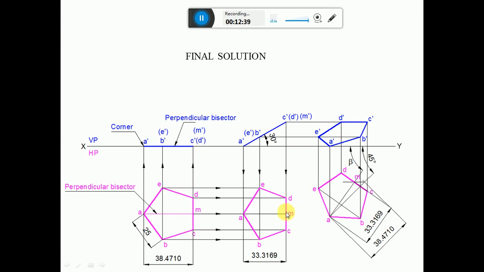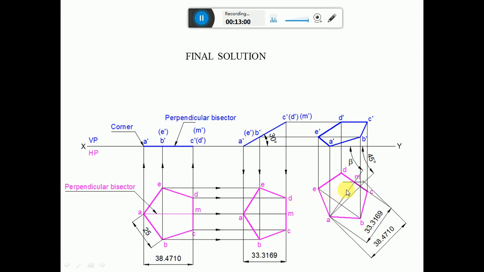Similarly from M, this AM line is perpendicular to CD. So from M, by using the protractor you keep it on AM and measure an angle of 90 degrees with respect to this AM line and draw a perpendicular line to it. Then you measure the length from M to C and M to D, both are going to have equal distances.